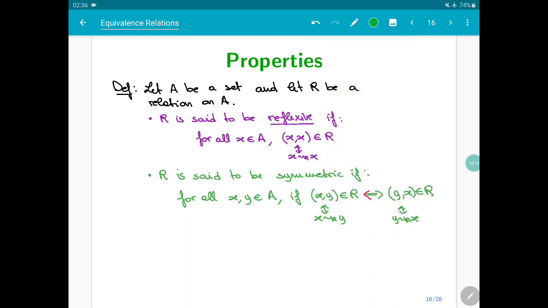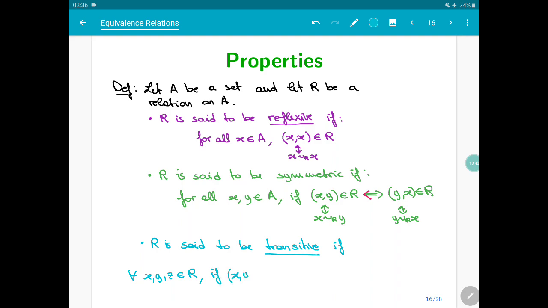Okay, and then the last property, let's put in blue, R is said to be transitive if, this is slightly longer, for all x, y, and z in A. Again, it is given as a conditional sentence.